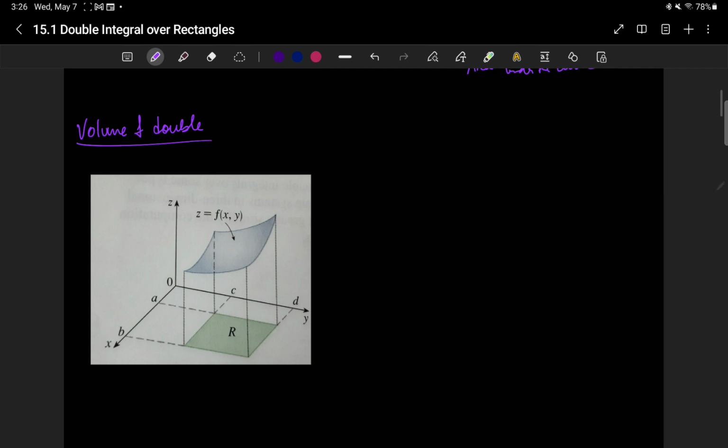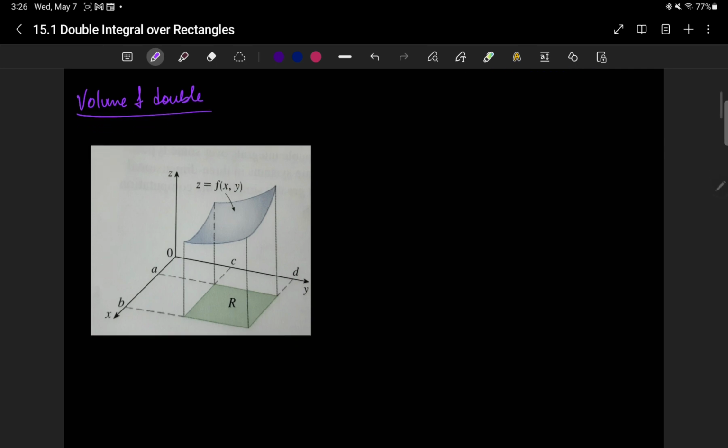So for example, suppose we have a surface z equals f of x comma y here, and we have our xyz coordinate plane. If we take the projection of this on the xy plane, we get this region R, right?